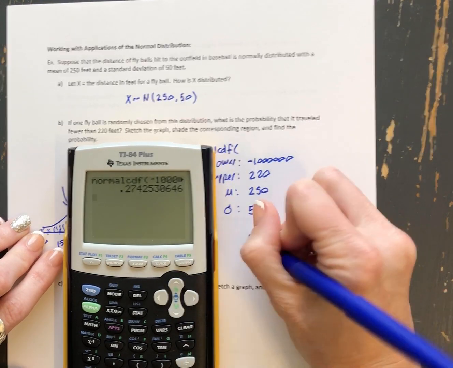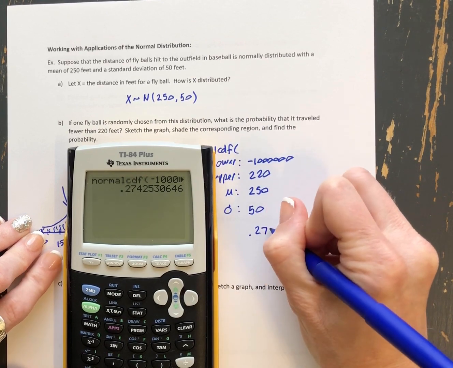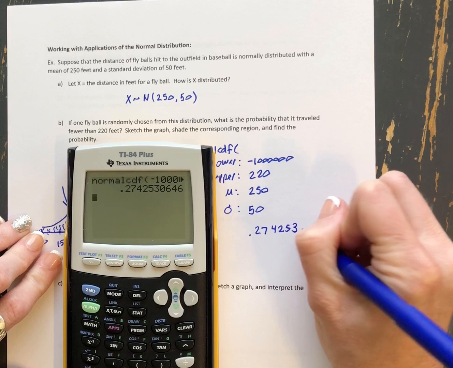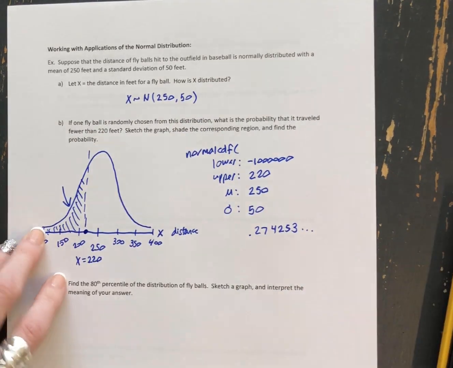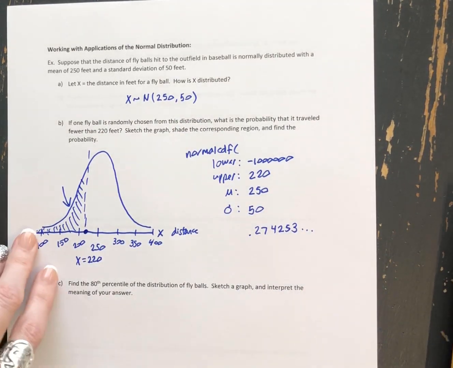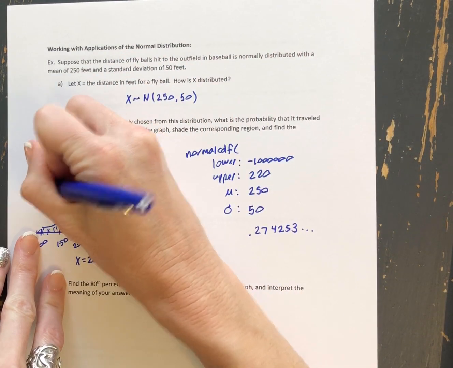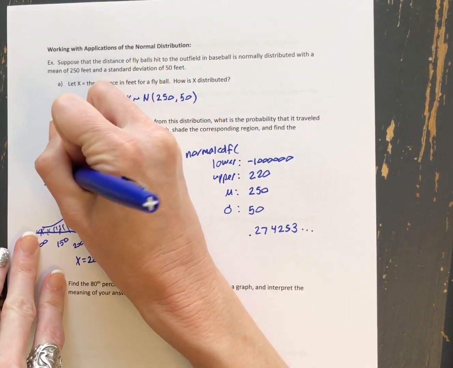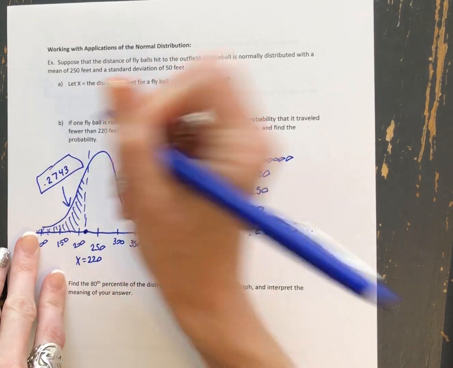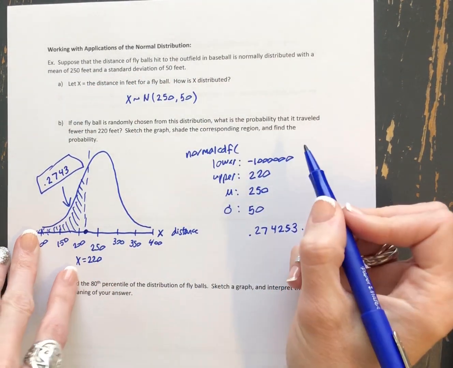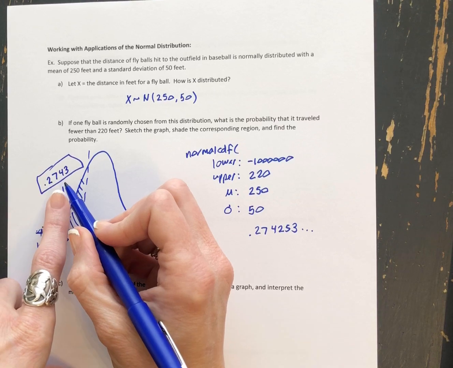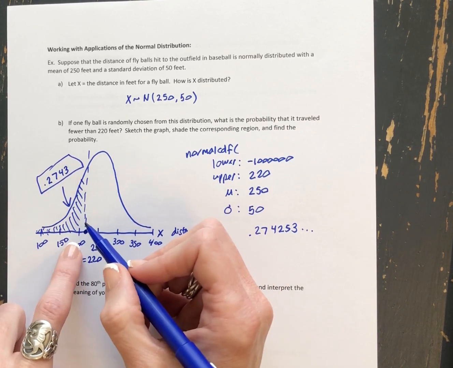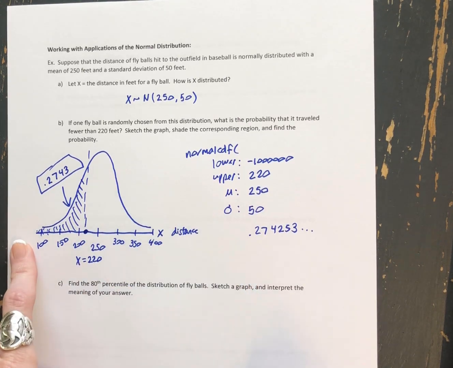And we will get 0.274253, taking that to 4 decimal places, 0.2743. And so what we know is that about 27.43% of all the fly balls are going to go fewer than 220 feet.